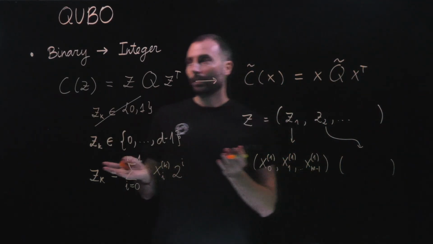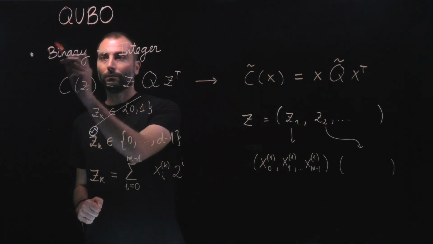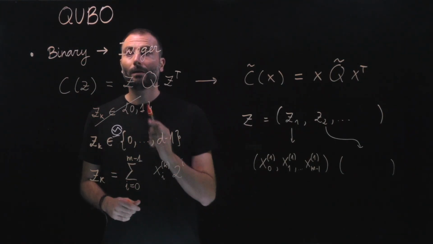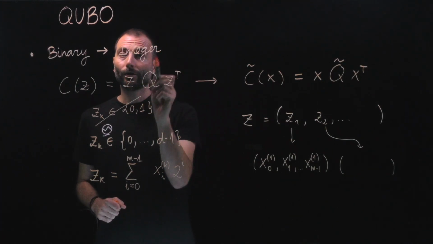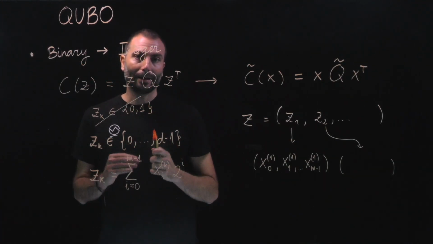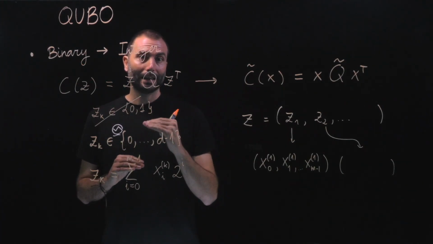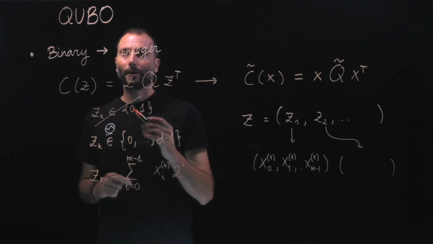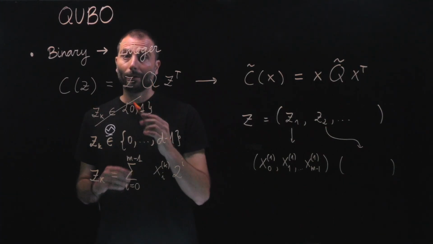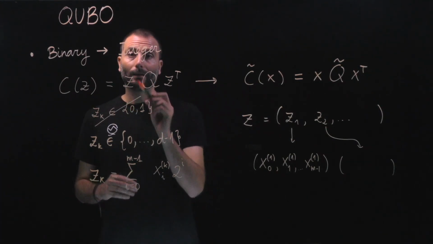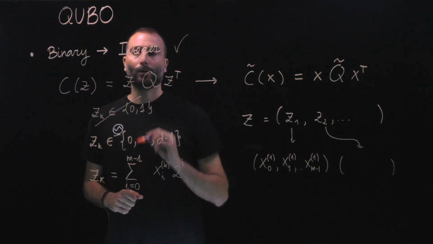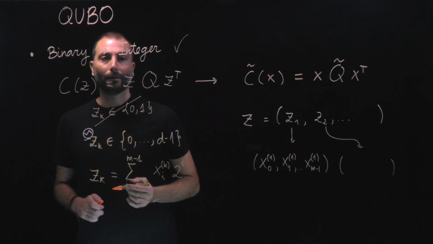So in this sense, we see that by increasing the number of variables, we can encode any integer problem in which there is a maximum value. Of course, the set needs to be finite. But any quadratic optimization problem with integers can be mapped into a QUBO with binary variables.